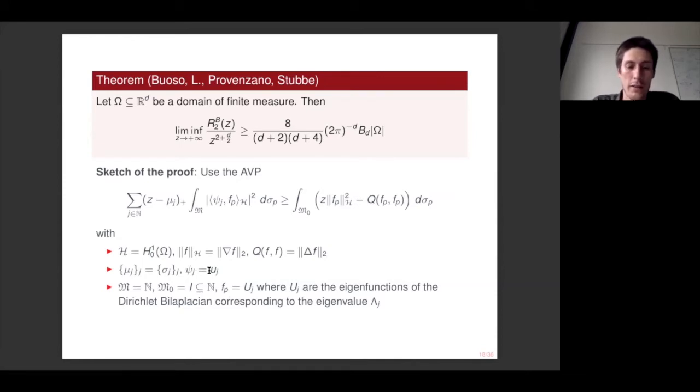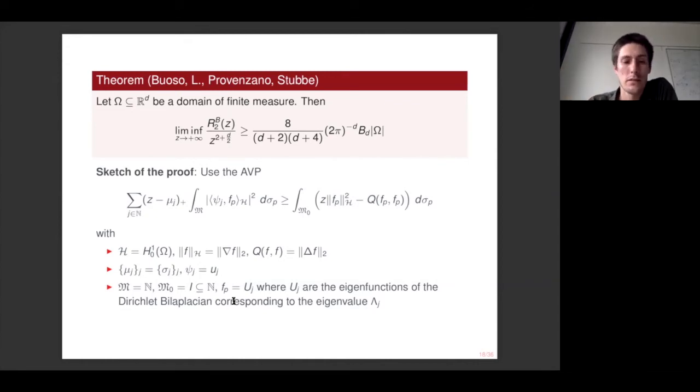And as a family of functions Fp, in this case, we decided to take the uj to be the eigenfunctions of the Dirichlet Laplacian operator, which correspond to a Dirichlet Laplacian eigenvalue capital lambda j. And the measure space is, of course, N with the counting measure. And as M0, we take a subset of M, which is made of a finite subset of indexes, which we will clarify later.